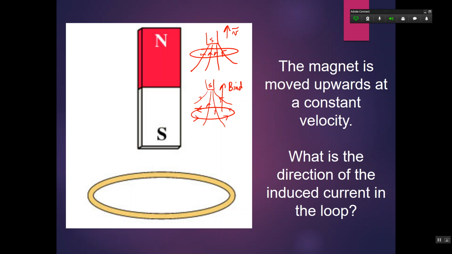So the answer here would be like this. Take some imagination here. We're going to practice this a lot right now. You guys do this one on your own. The same thing. Now I'm talking about the north end of the magnet, and it's moving downward.